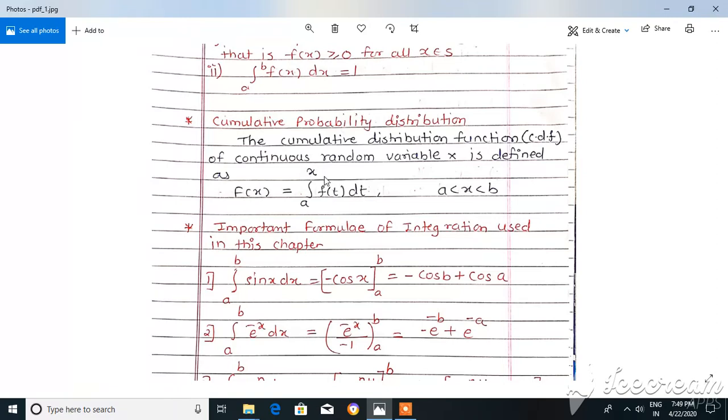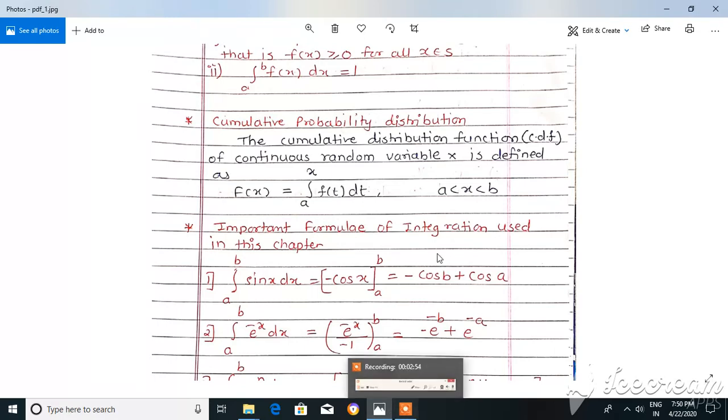Here we wrote the upper limit as x, so I am writing f(t) dt, where x lies in [a, b]. So this is the definition of the cumulative probability distribution.